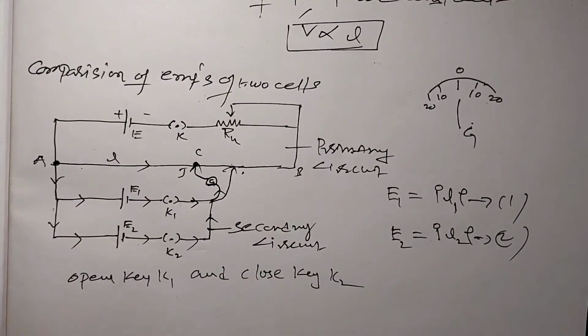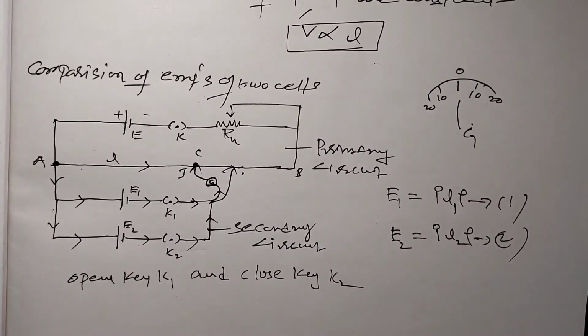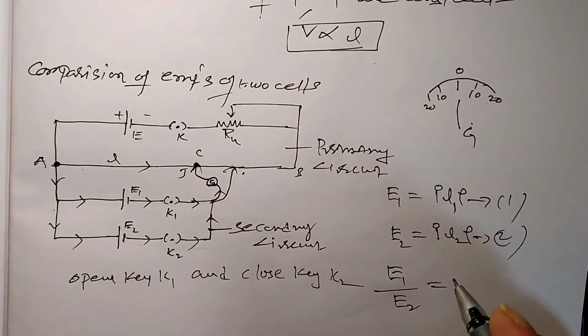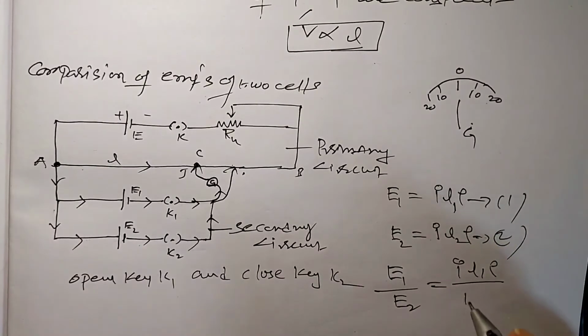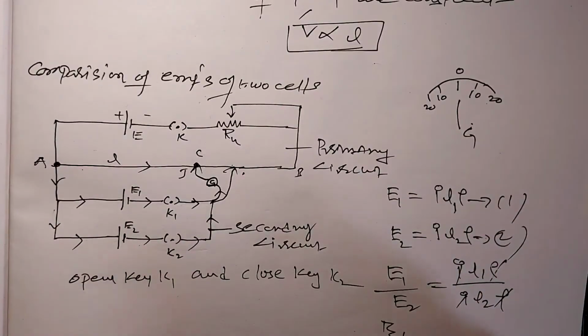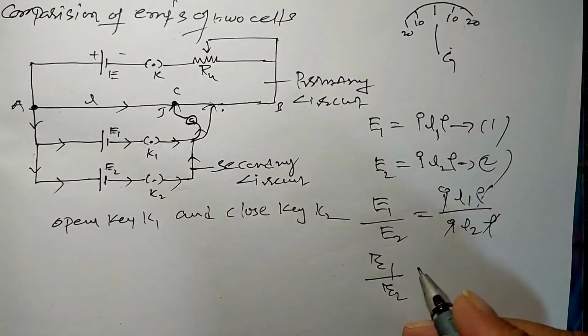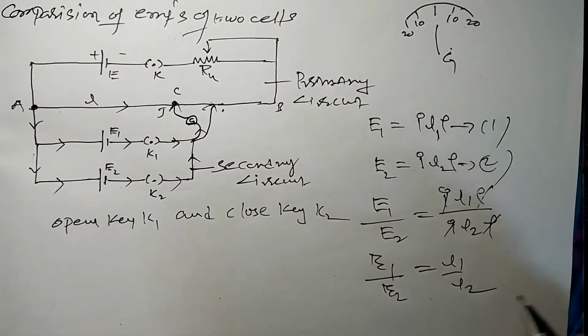So in this way we complete this experiment and take the ratio first to second. E1 by E2 is equal to I L1 rho divided by I L2 rho. Rho cancels, I cancels. E1 by E2 is equal to L1 by L2.